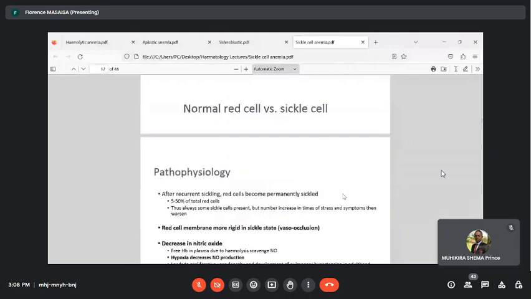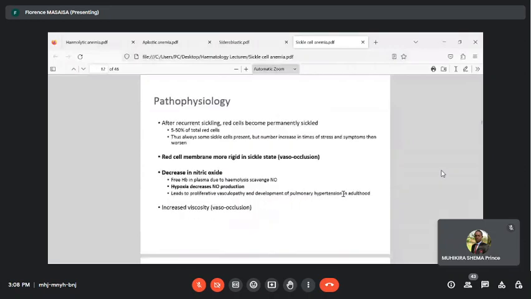So sickling can involve 5 to 50% of total red blood cells, which may cause severe hemolytic anemia. The membrane is more rigid in sickle states, with occlusion, which may cause permanent pain.